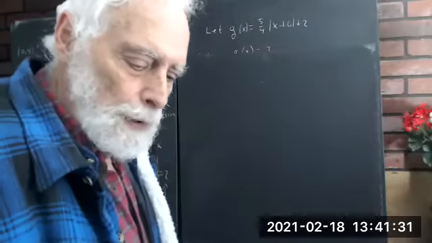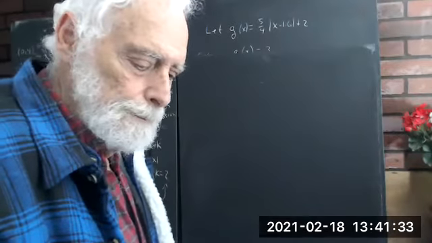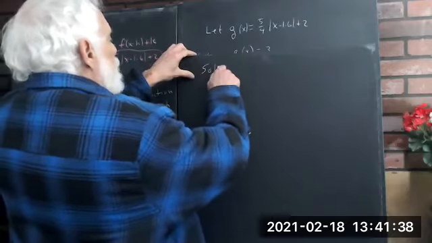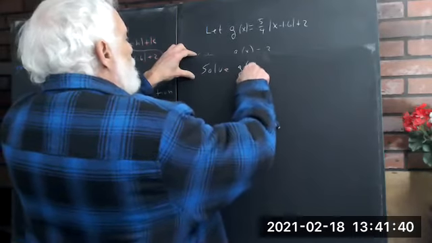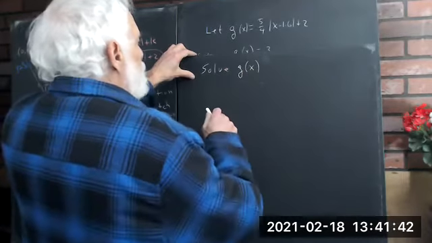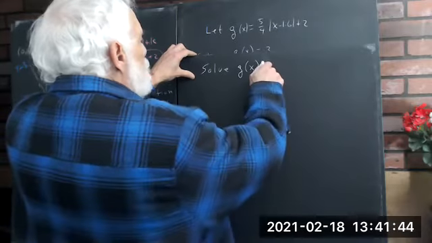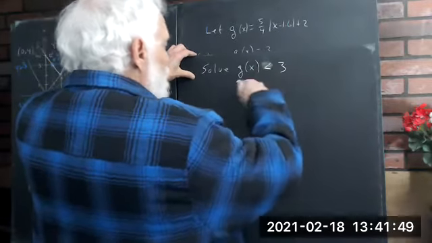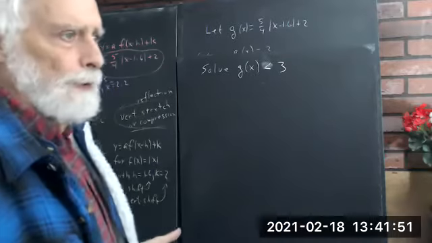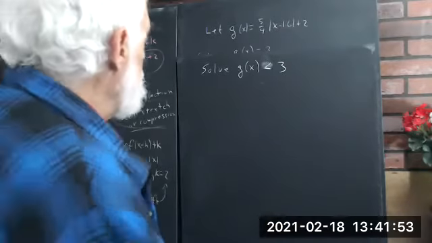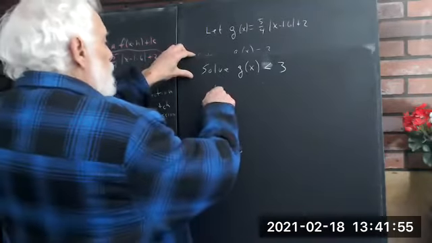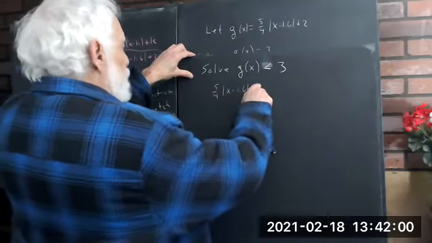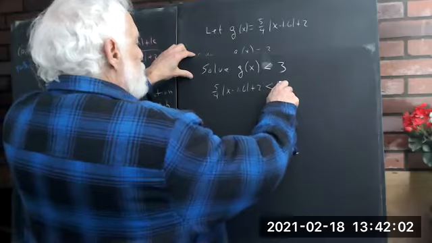Okay, what if I wanted to solve g of x less than 3? Well, that translates to 5/4 absolute value of x minus 1.6 plus 2 is less than 3.